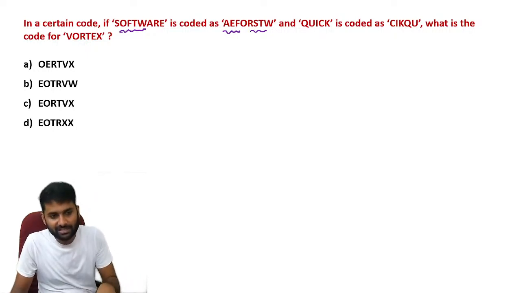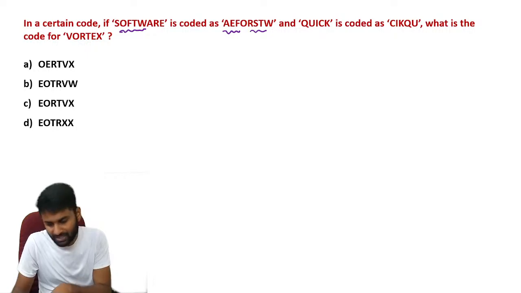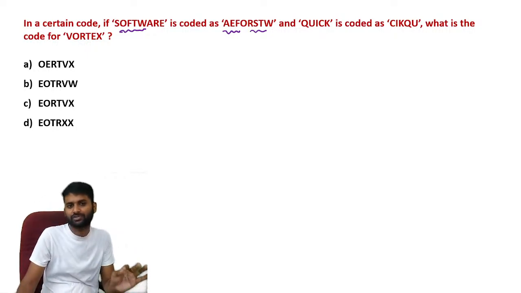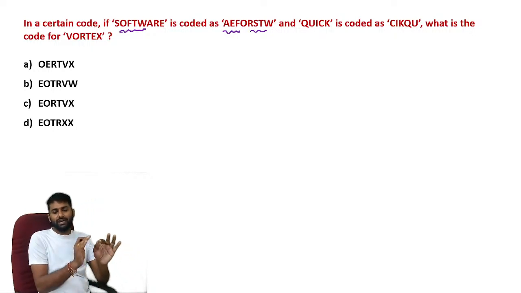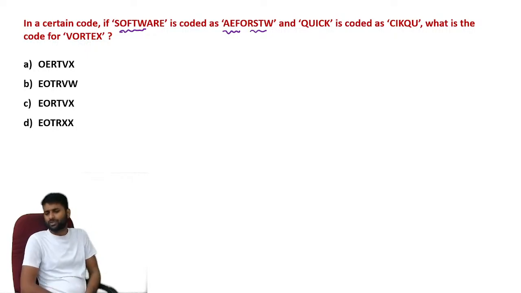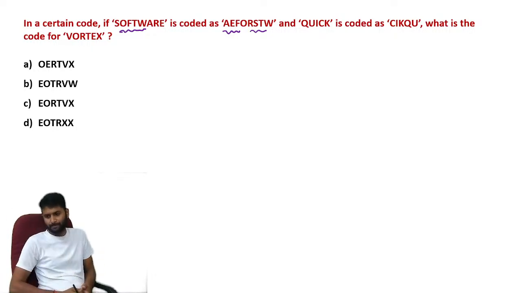So you have to learn these kinds of things. Otherwise, you have to apply the alphabetical positions, then identify where it suits the code. It's a time waste. Simple point: two kinds of information you should observe in this question. If in the given word letters are repeated in different positions, it definitely follows jumble order. If the letters are not repeated, definitely it is increasing order, like +1, +2, +3.